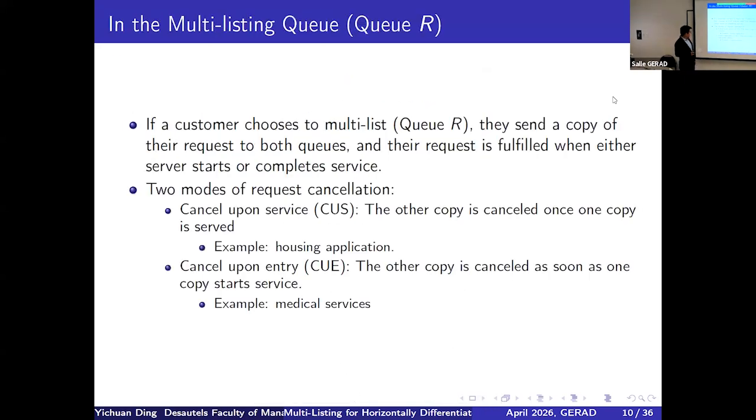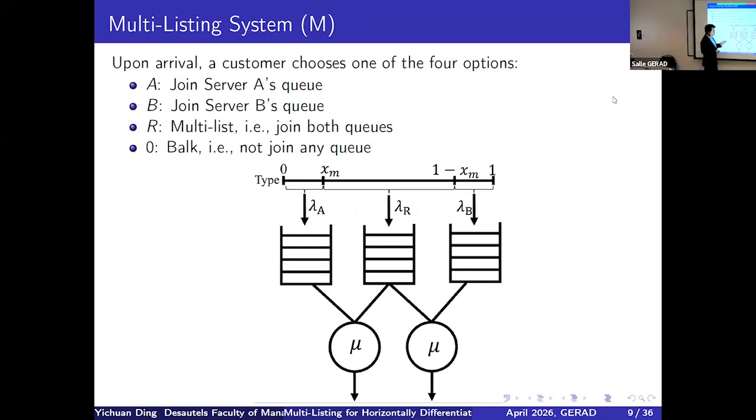Good question. So, we have three different queues, and there is some slight nuance in the multi-listing queue. We have two different models. In one, for the customer at the front, if either server takes him, he disappears.